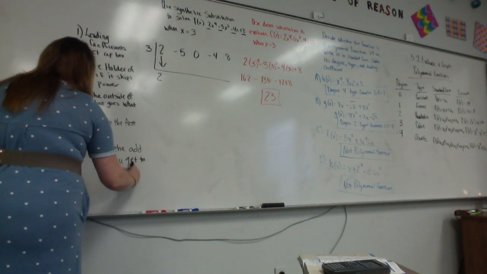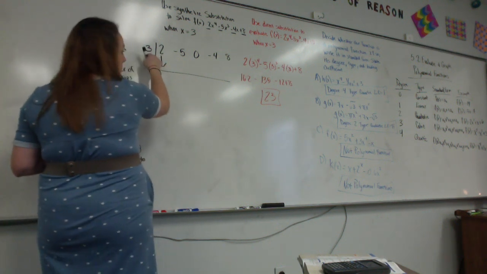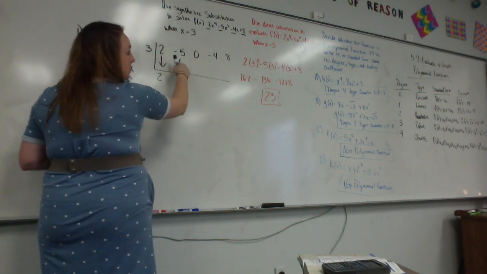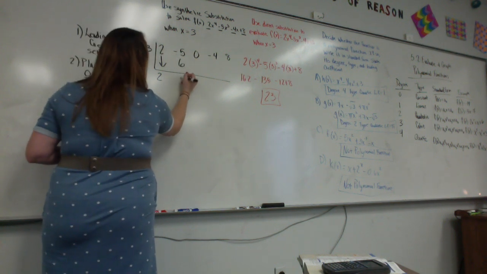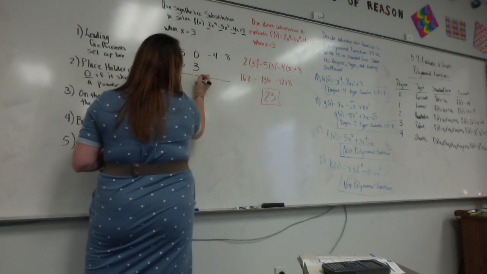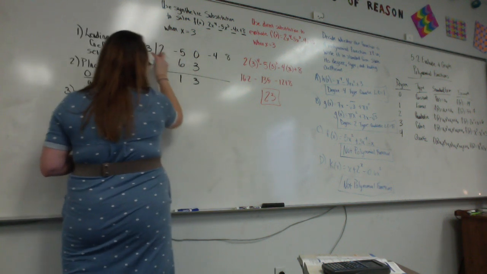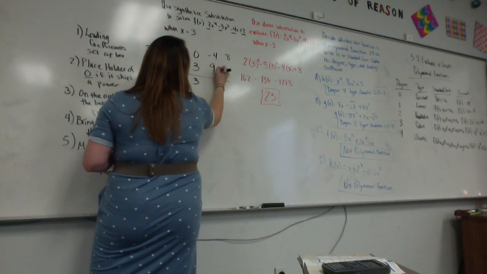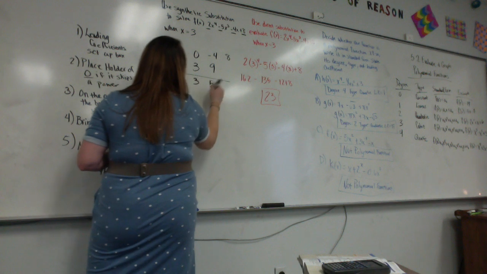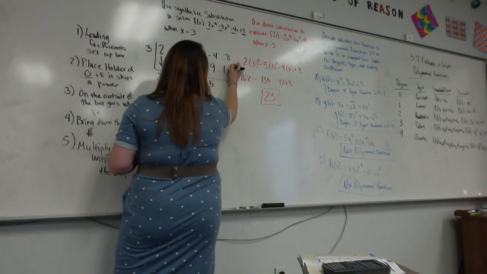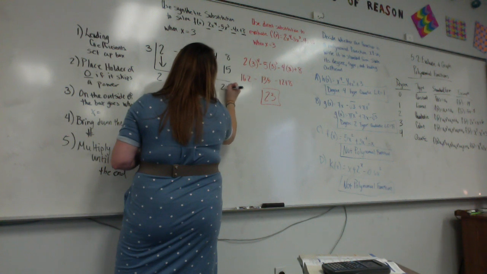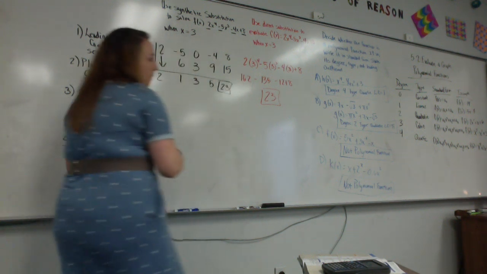So you're going to say 2 times 3, which is 6, and then I'm adding -5 and 6 is 1, and then 1 times 3 is 3, 0 plus 3 is 3, times 3 is 9, 9 minus 4 is 5. 5 times 3 is 15, and what's 15 plus 8? 23. Boom, there's your answer.